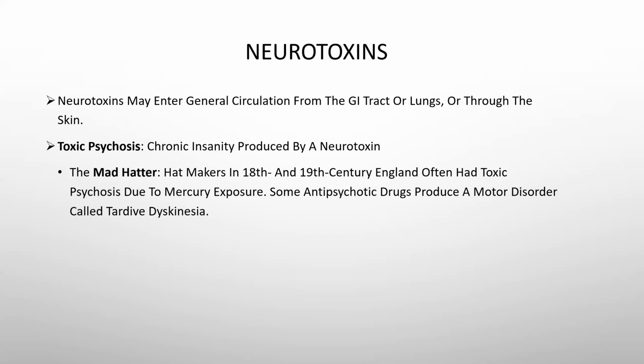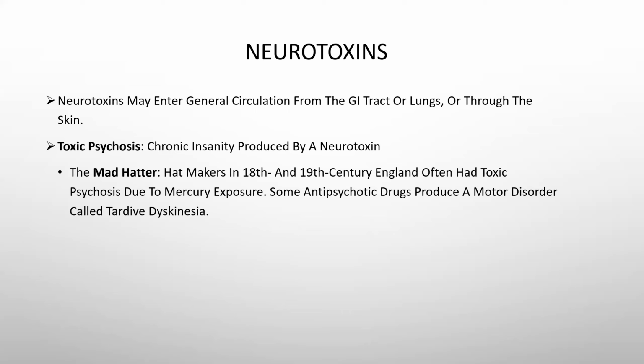Okay, neurotoxins. So neurotoxins may enter general circulation from the GI tract or the lungs or through the skin, and may cause toxic psychosis, which is the chronic insanity produced by a neurotoxin. A good example here, you've probably heard of the Mad Hatter. And why in the world does he have the name of the Mad Hatter, right? Well, hat makers in the 18th and 19th century in England often had toxic psychosis due to mercury exposure.